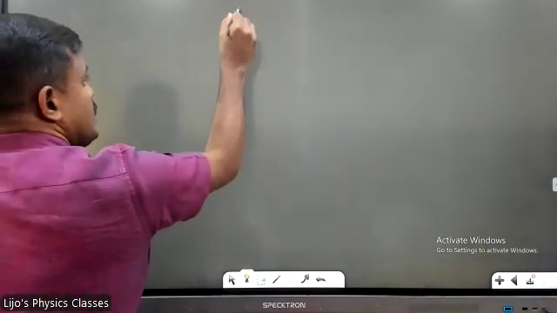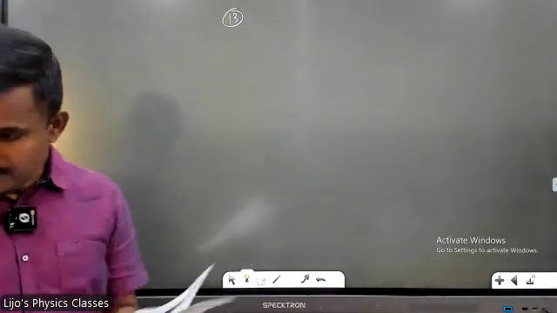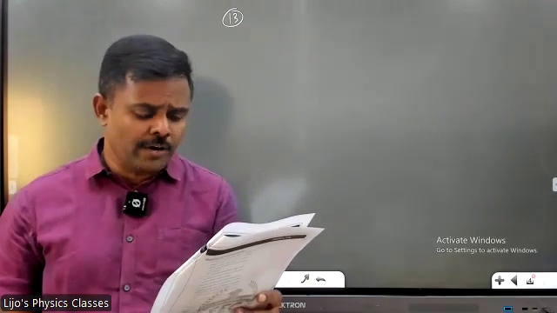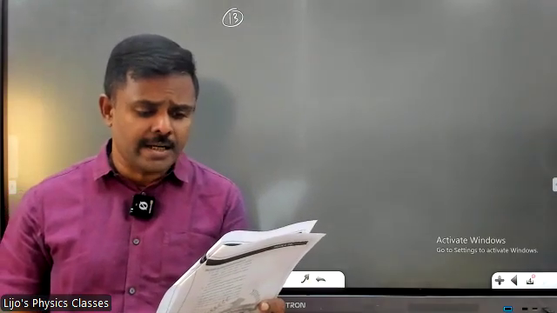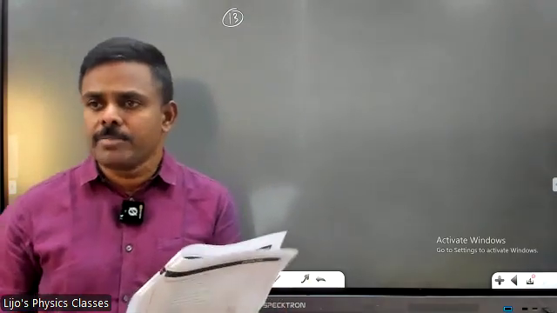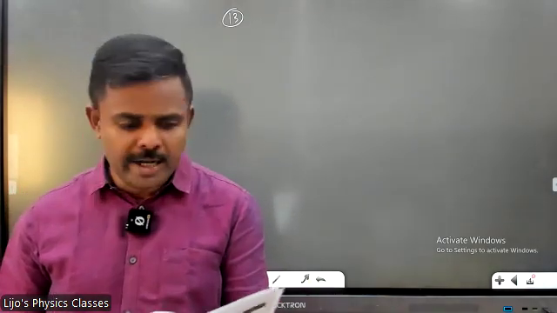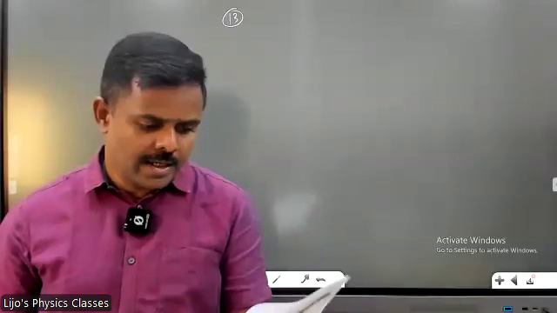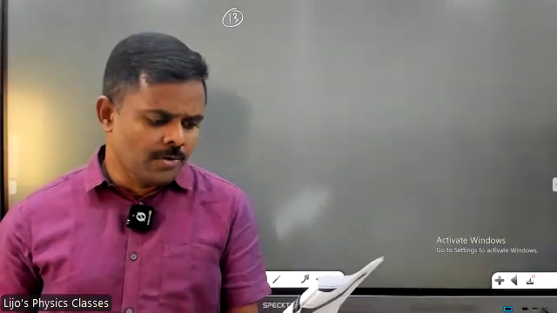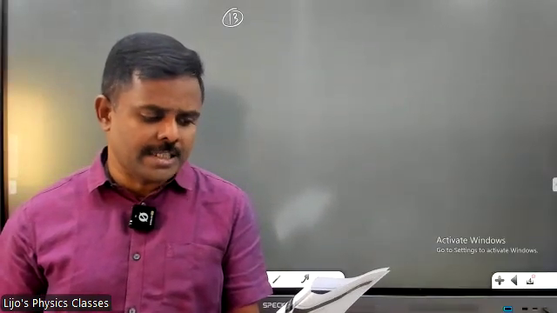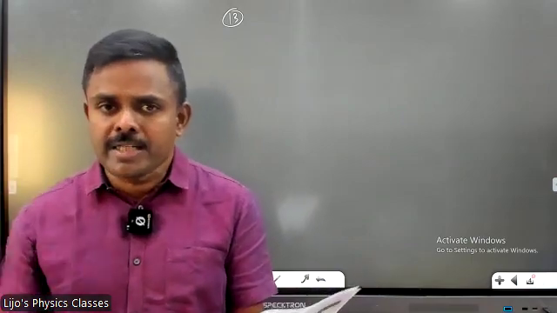Question number 13. Read the 13th question. A ray of light incident on an equilateral glass prism. Equilateral prism means what? All angles are 60, 60, 60, right? Root 3 moves parallel to the baseline of the prism. Underline the word parallel to baseline.